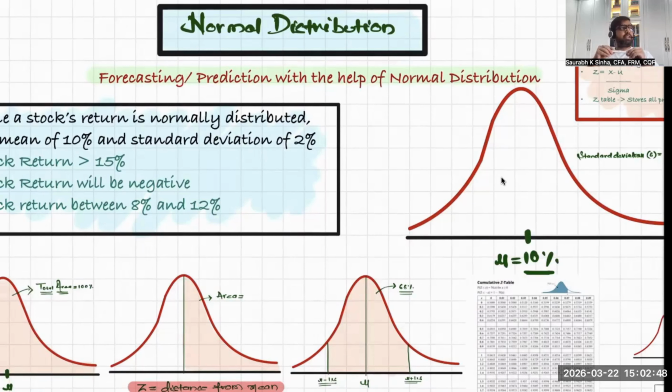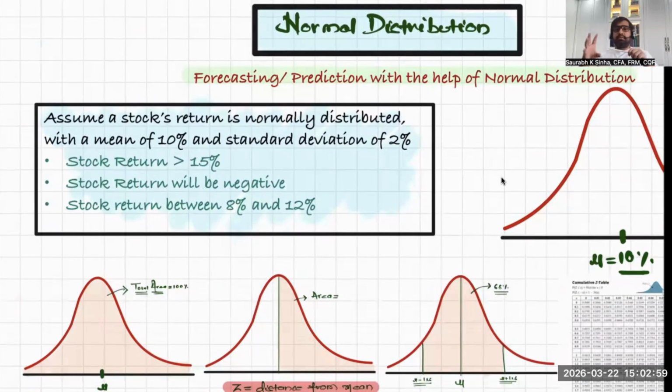Now, for any forecasting or prediction, the best way to make a concept easy to understand is through an example. So we took a very simple example of a stock return. We are assuming that there is a stock return, say Tata Steel, which is normally distributed. It may not be normally distributed in reality, but we are assuming it to be.